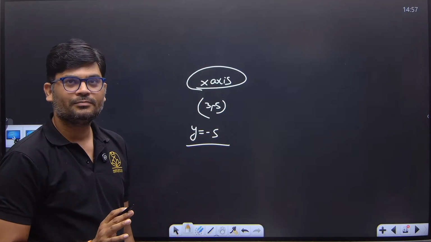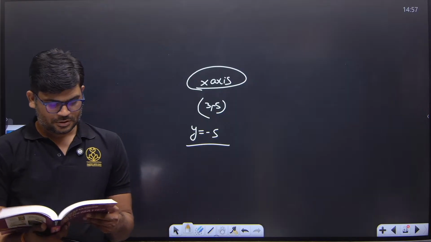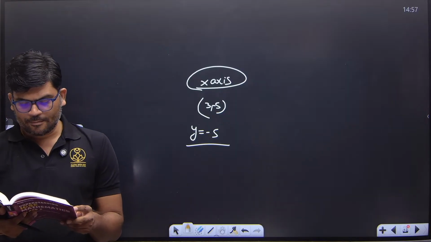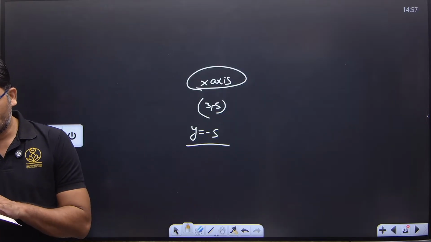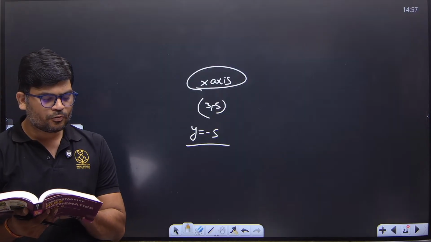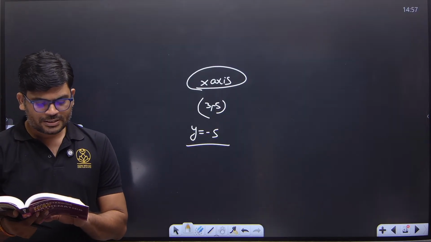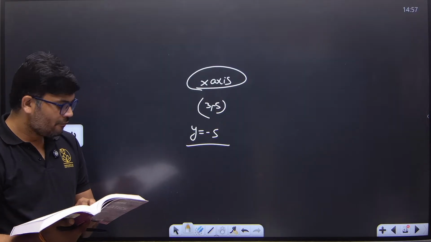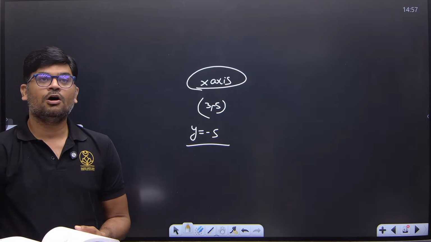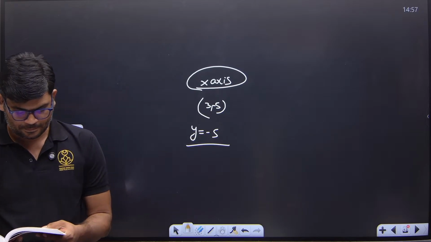Are you getting it? So see example number 2: find the equation of a line parallel to x-axis and passing through point (3, -5). You can see the answer given to us is y plus 5 is equal to 0, or y is equal to -5.